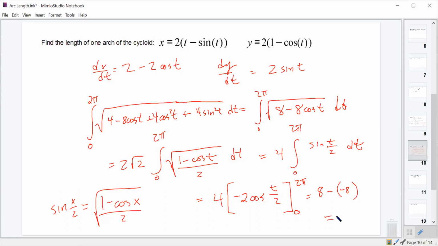So we get 8 minus -8, which is 16. Good or no? So using this power reducing half angle stuff. Cool. All right.